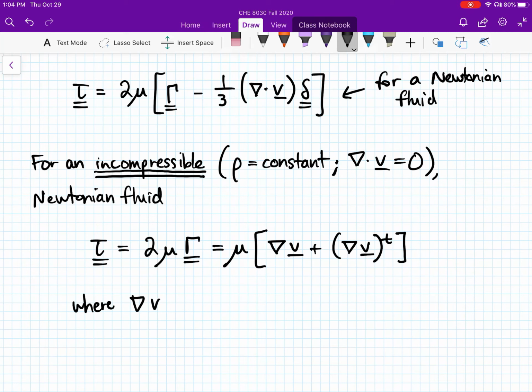where the gradient of the velocity is equal to the rate of strain tensor plus a new term, which is the vorticity tensor.